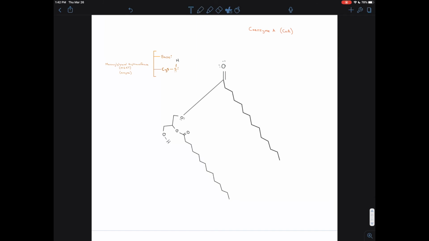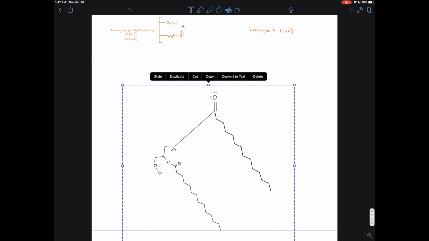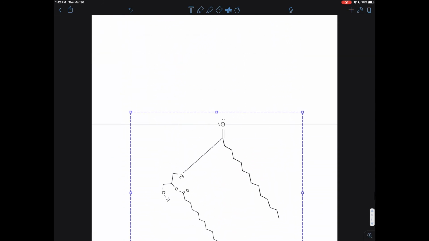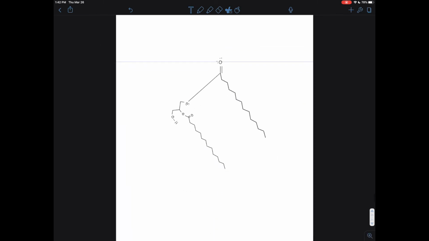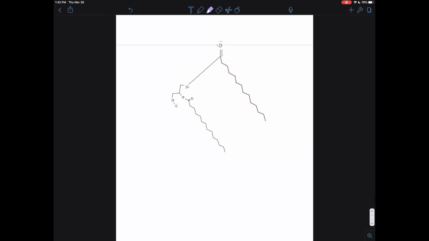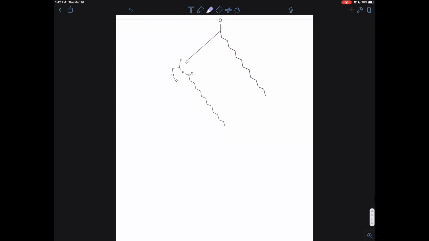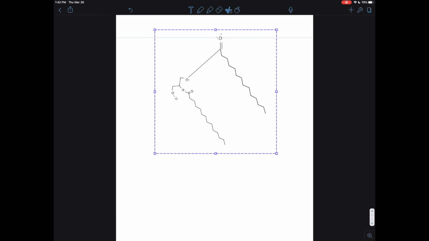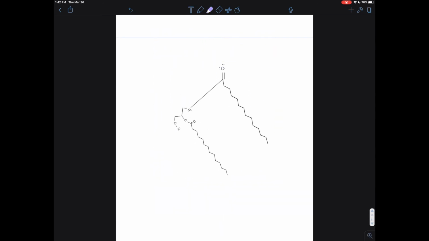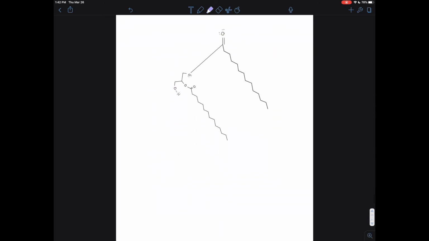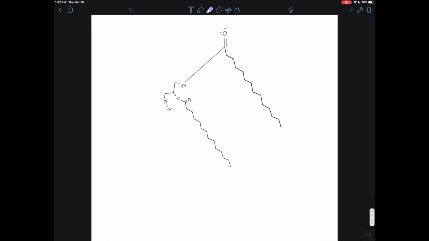And so notice, I know this is drawn in a way that's a little weird, but what we've accomplished so far is we have attached the acyl group back onto the glycerol backbone. So really, we just need to go through that process one last time for this other OH, and we'll have the triglyceride back.